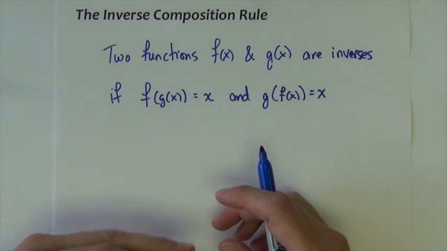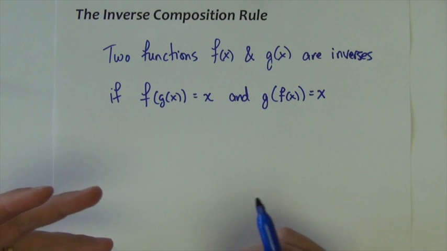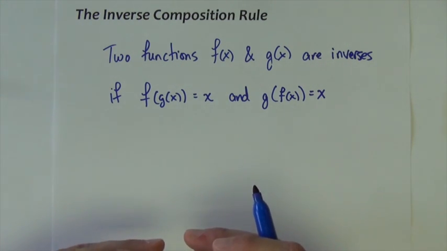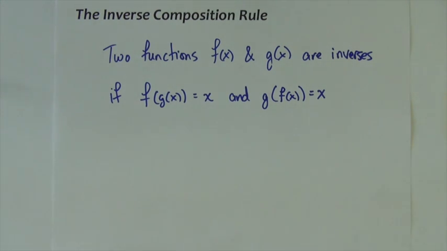So in other words, if we check the composition and when we compose the functions, the result is simply x, and those functions are what we call one-to-one functions, and they are inverses of each other. So let's do that on the next slide, show one example of that.